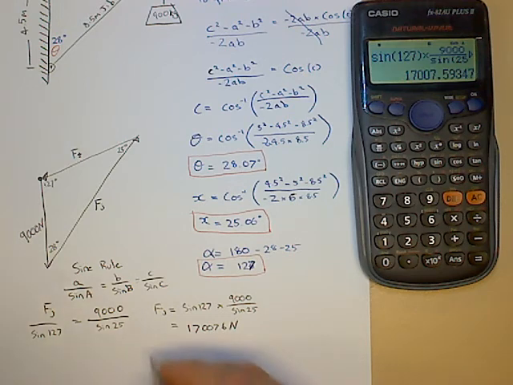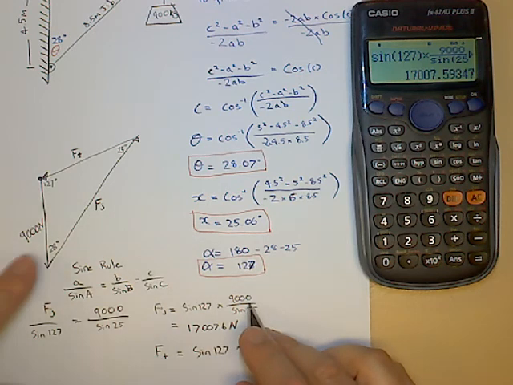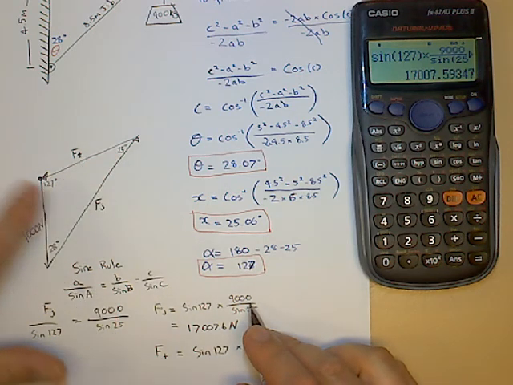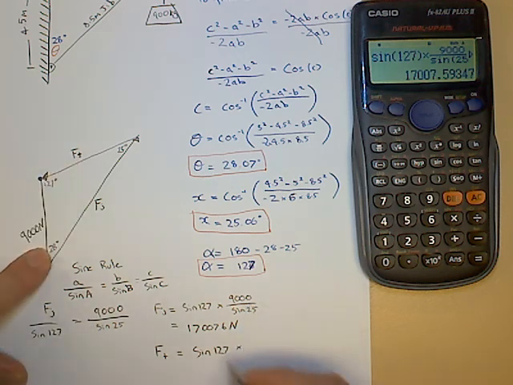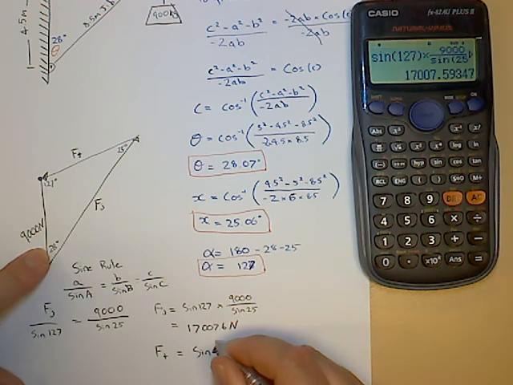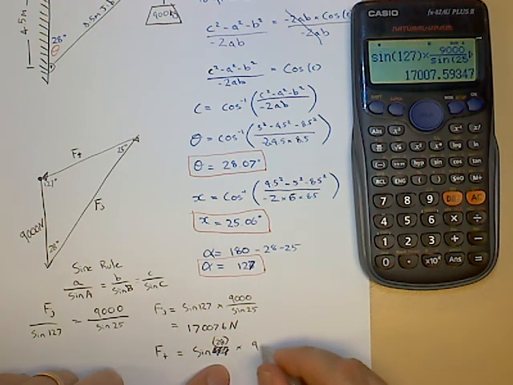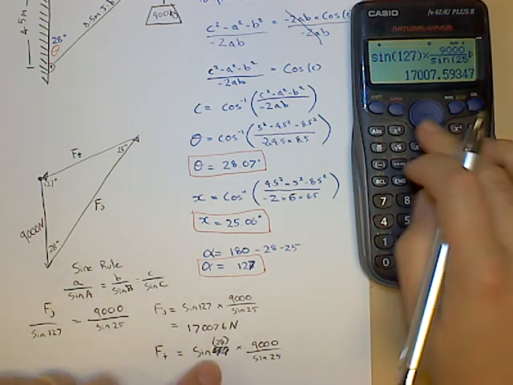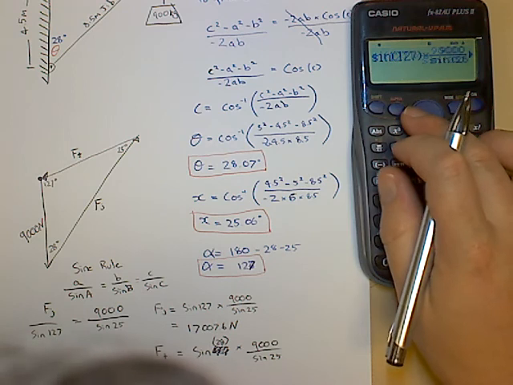Alright, and then we can do our Ft in the same way, force at the tie. So that equals sine 127 times by sine Ft, sine 28 times by 9,000 over sine 25. Again, we can just change the one number that needs to be changed.